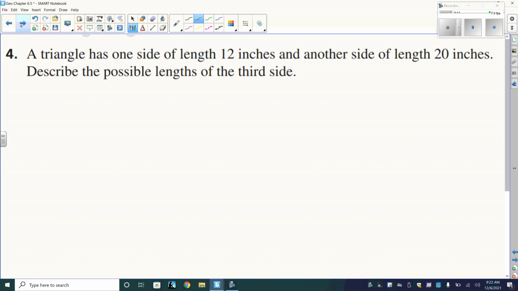A triangle has one side length of 12 and another side length of 20. Determine the possible lengths of the third side. Well, we can say what? 12 plus 20 is greater than x.